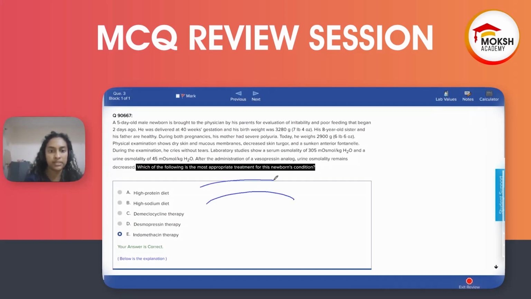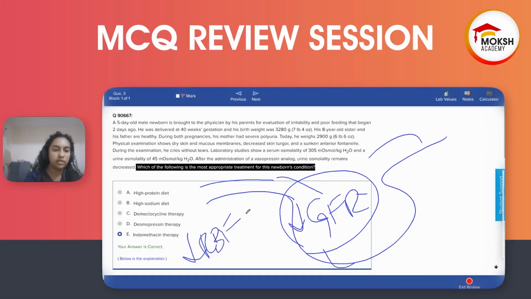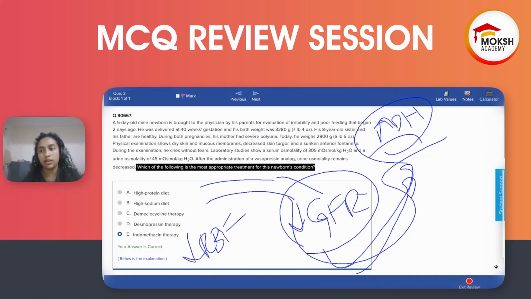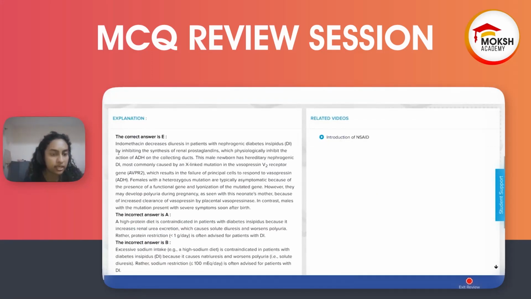So what happens is there is decreased GFR, right? The body thinks there is decreased renal blood flow, so there is increased ADH activity. Correct? Increase in free water retention. Let's read. Indomethacin decreases diuresis.